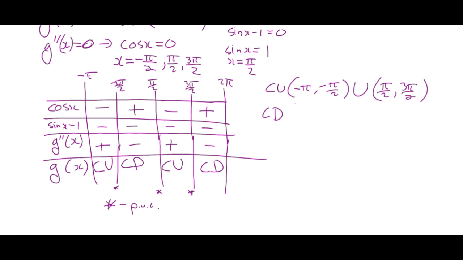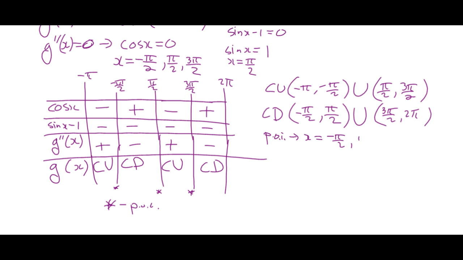And it's concave down negative pi over 2 to pi over 2, and where else? 3 pi over 2 to 2 pi. And there are points of inflection at negative pi over 2, pi over 2, and 3 pi over 2.